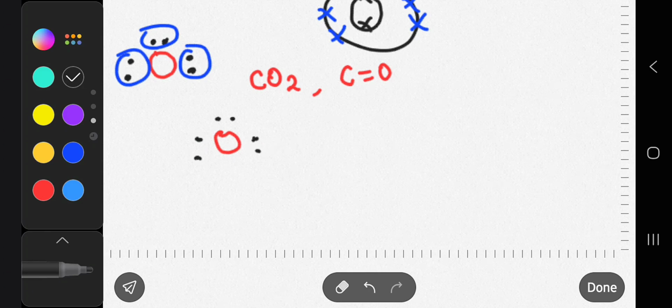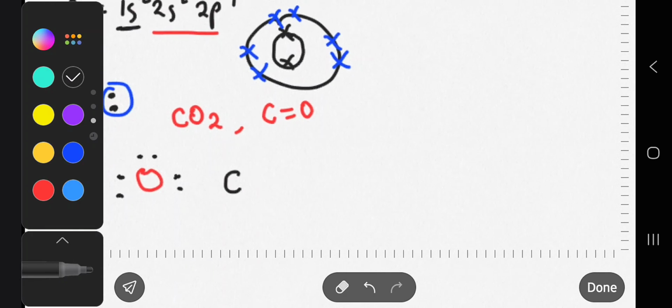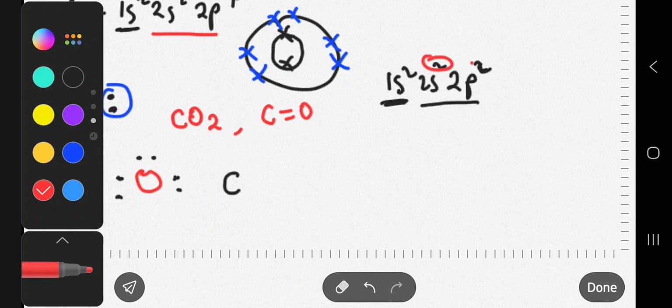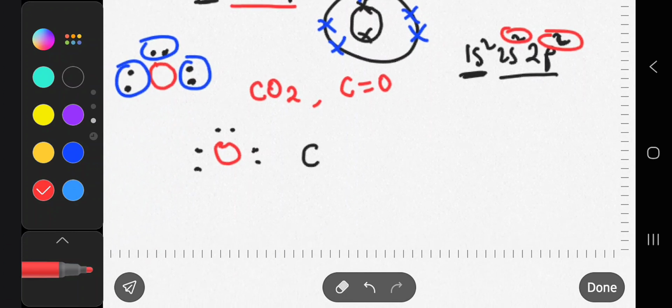And if it's going to make a bond with carbon, how do we do that? Carbon's atomic number is 6, so we have 1s2, 2s2, 2p2, making it 6. So this is the K shell, and we have 4 here, meaning that this 4 can stay in the outermost shell. So it means that carbon is always surrounded by 4 electrons. Can you see that?